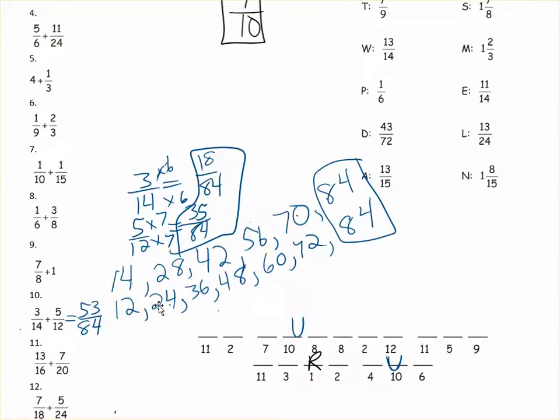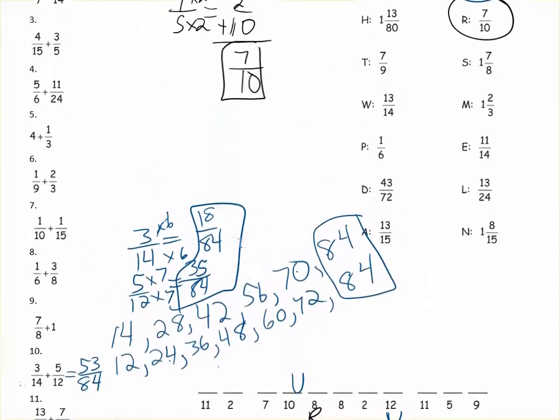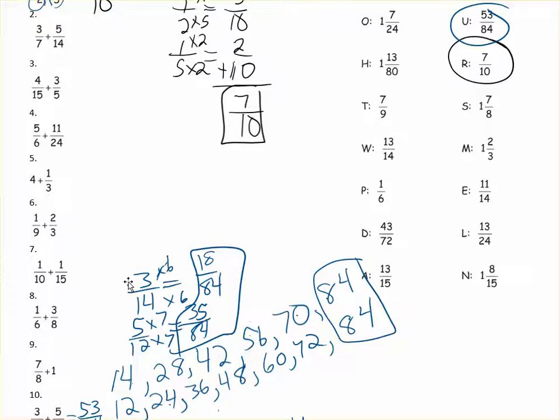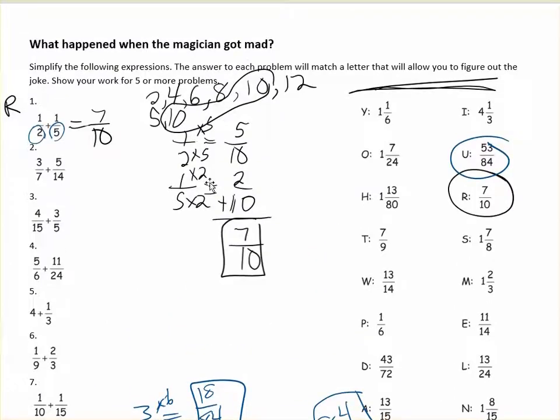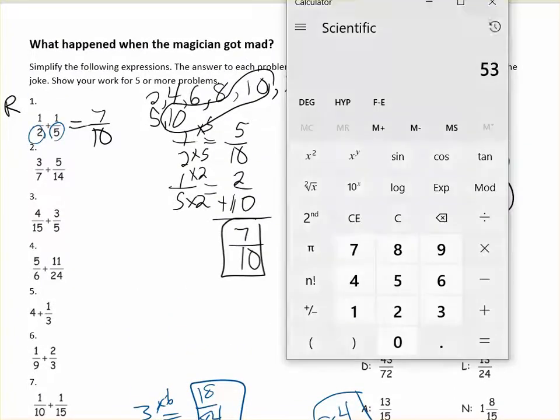For the other 7 problems, if you want to use your fraction calculator to do these, you can. This calculator does not have a fraction key on it, but you might have a handheld one that does have a fraction key. You can also, like for number 5, that would be easy to do with decimal approximation. 4 is already 4. 1/3, watch this, is 0.33333.